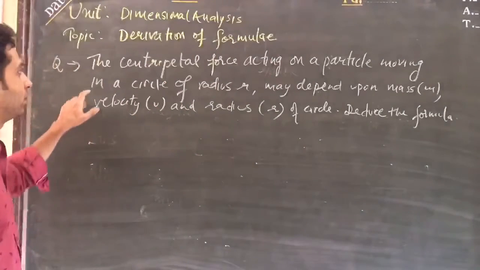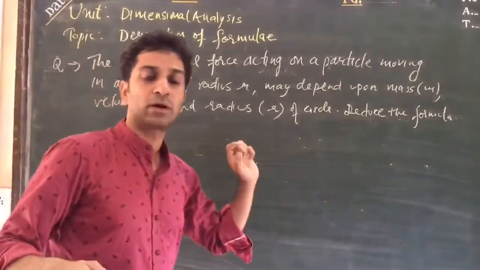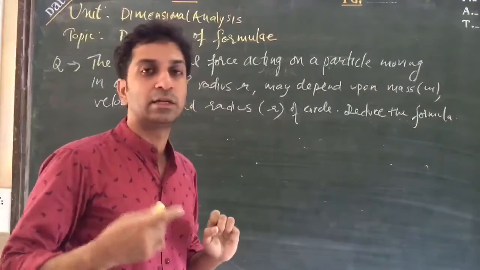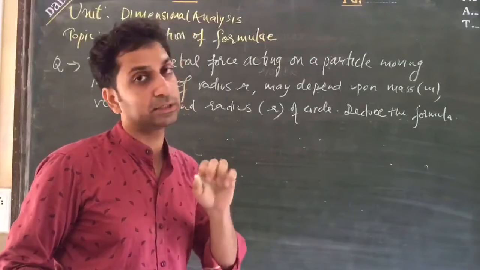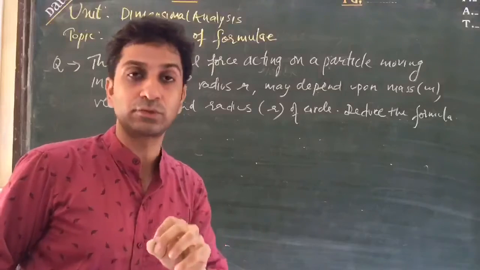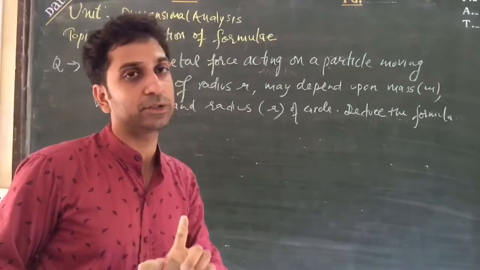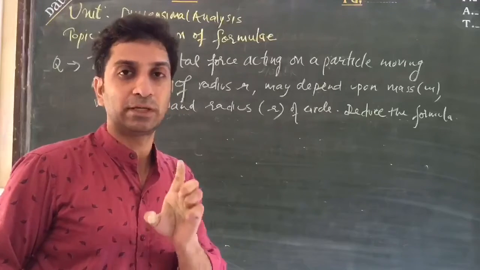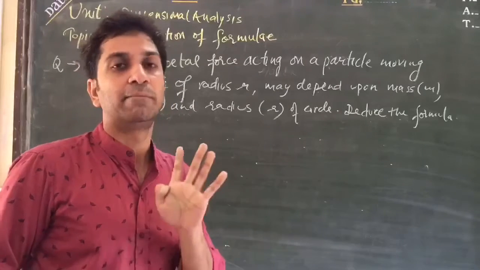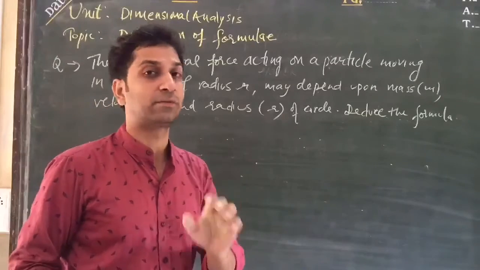Here's the problem. You all know that whenever you want to move a body in a circular path, there is a requirement of a force that is called centripetal force. Here's a question about the centripetal force. We want to derive the formula for centripetal force by using the concept of dimensions, in terms of the mass m of the body, velocity v, and r, the radius of the circle.